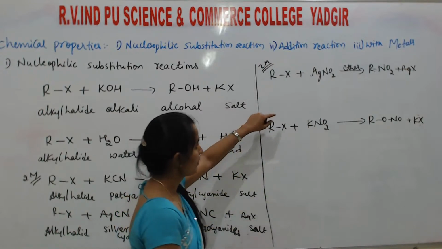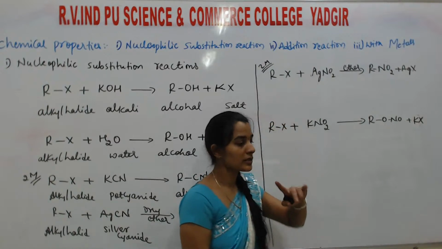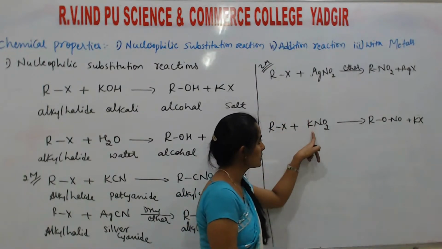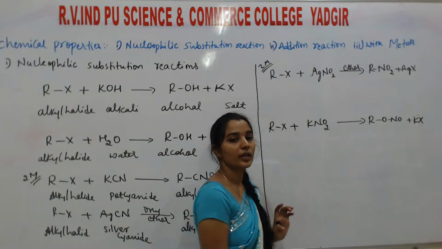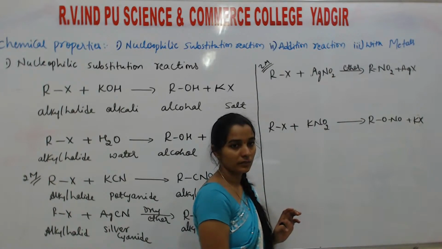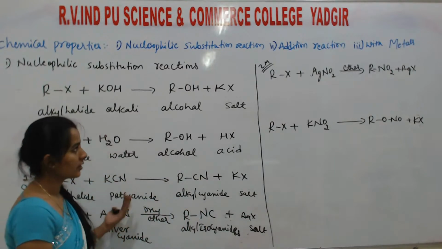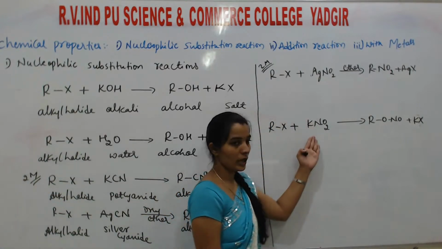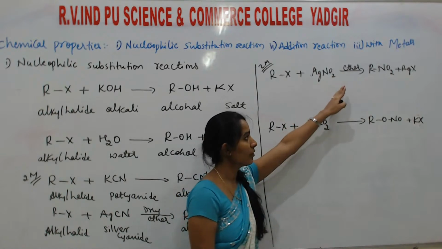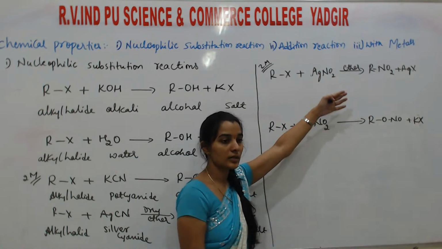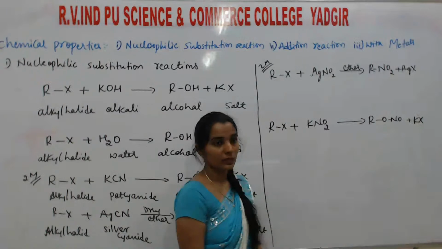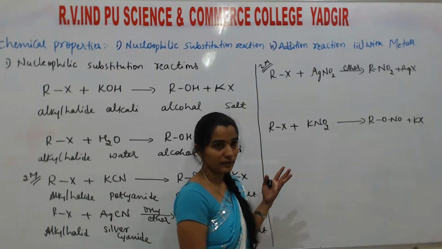Understand? So this is also important, because listen students, when Ag and K is there, then only that type of reactions will form. When here also KCN and AgCN, here also AgNO2, KNO2. Wherever Ag is there, we are going to use ether or acetone or ethanol as solvents.